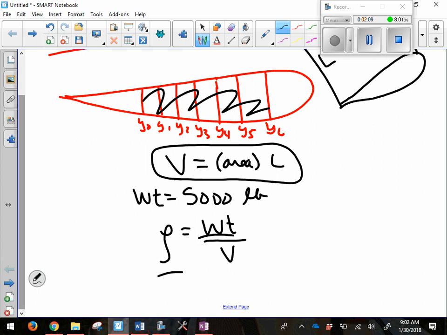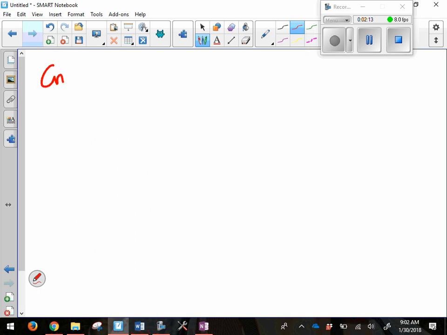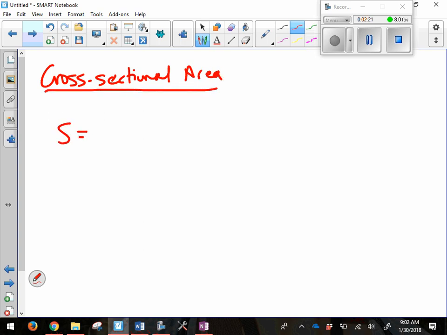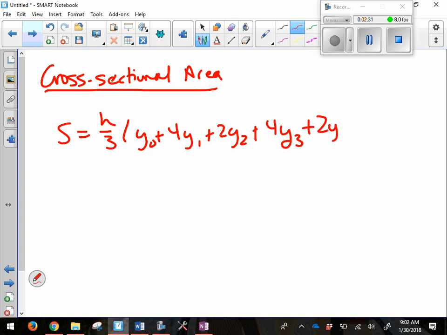Okay, so we were working on the cross-sectional area. All right, then let us continue to work on the cross-sectional area. And what were we going to use for the cross-sectional area? Okay.